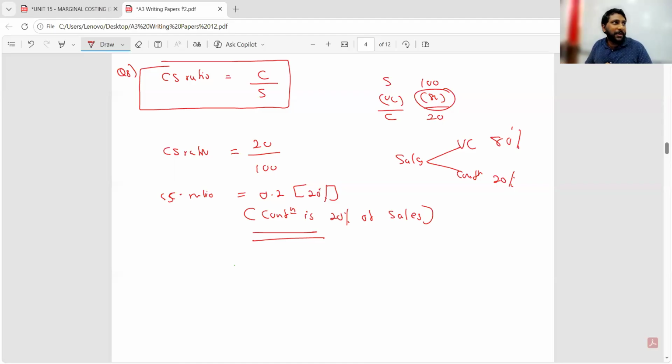For me, simple understandings. Write that down as well. From the sales 100, contribution is 20% and variable cost is 80%.